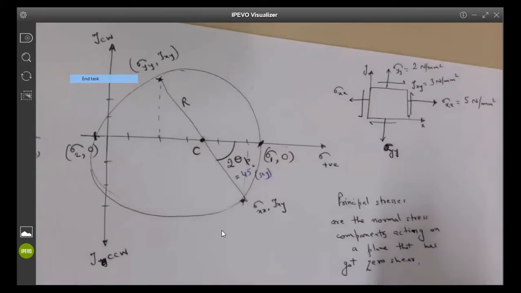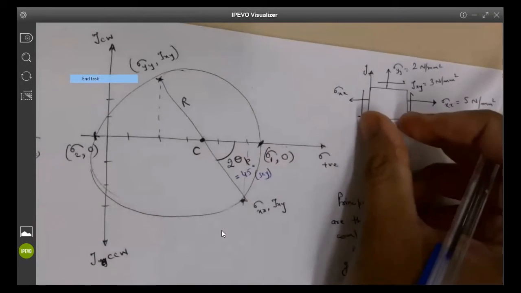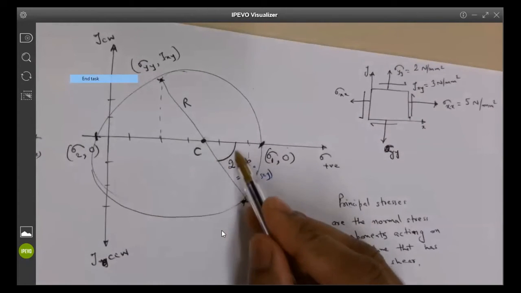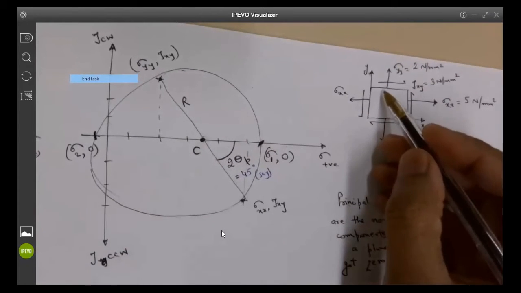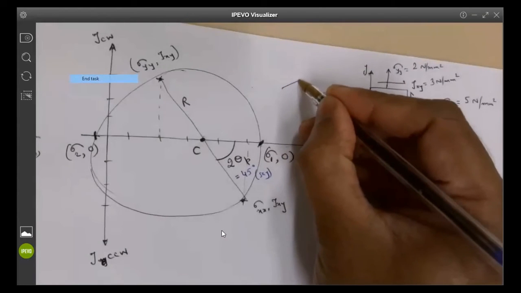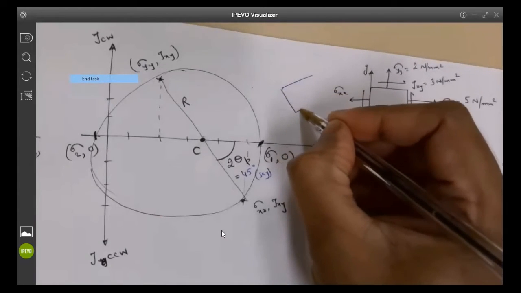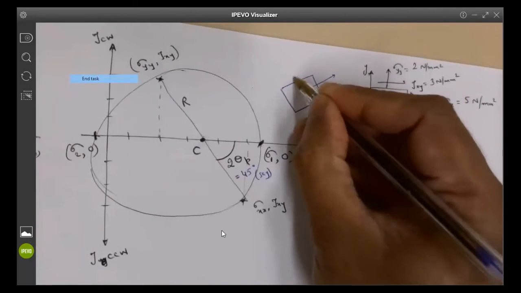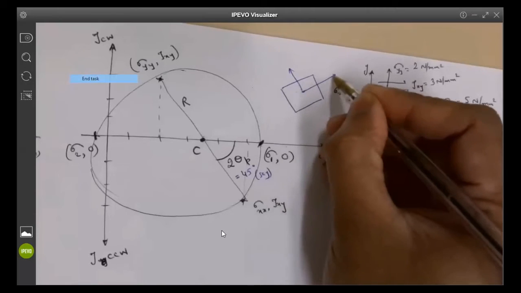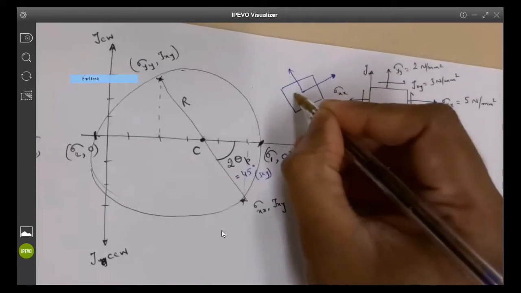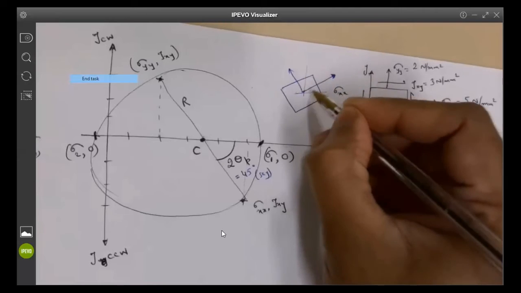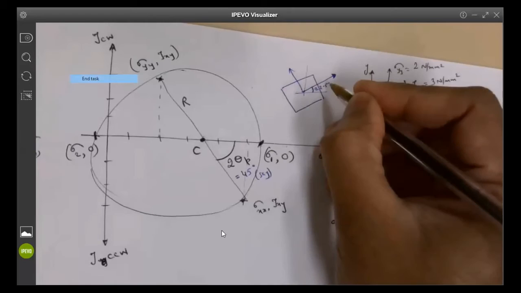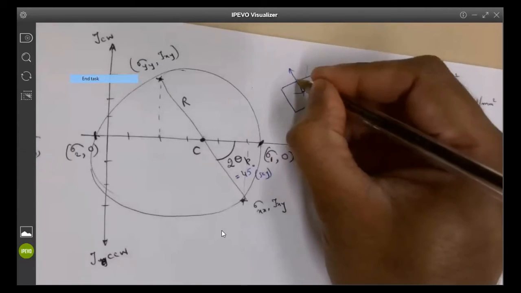So if I rotate this element by 22.5 degrees, half of that, because this is 2 theta p, like this, then in this representation, I will not have any shear stresses.